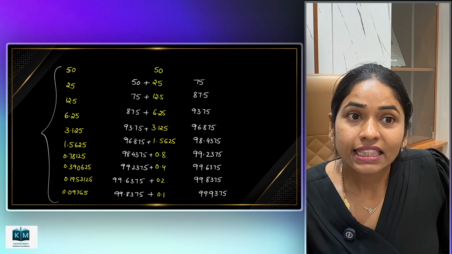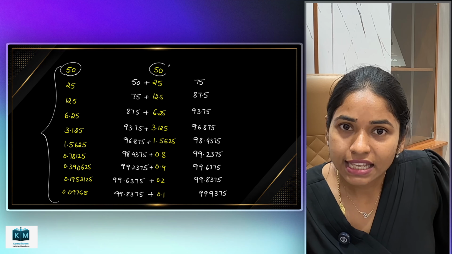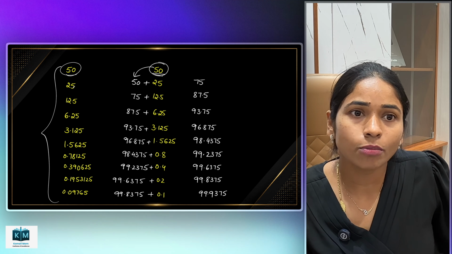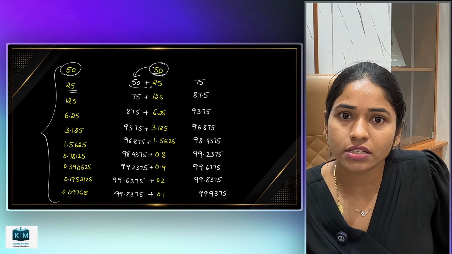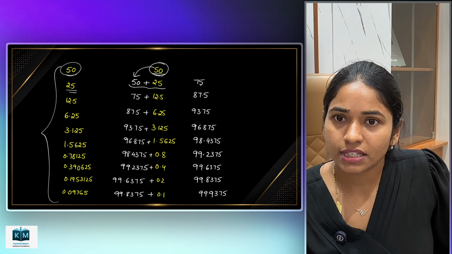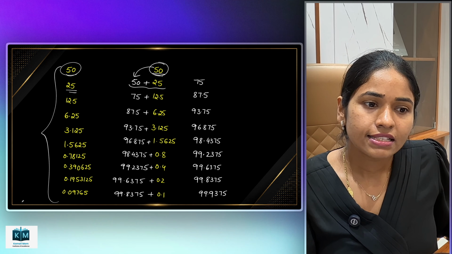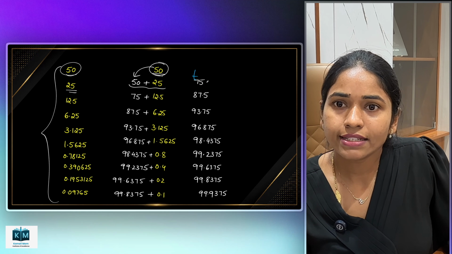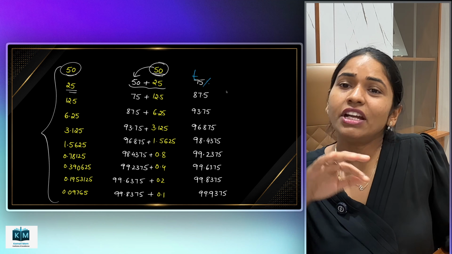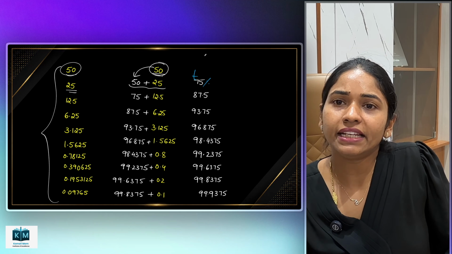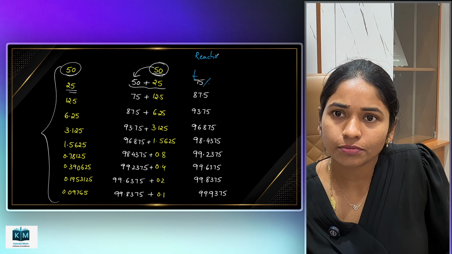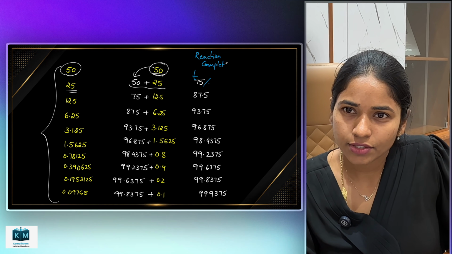This is 50. I am taking the same number, 50. Half of 50, how much did you get? 25. Add it to this. 75%. Let's say this is 75% of the reaction, which means 75% of the reaction is completed.